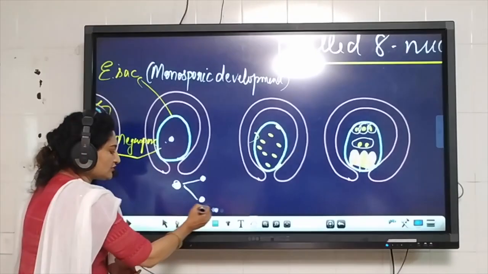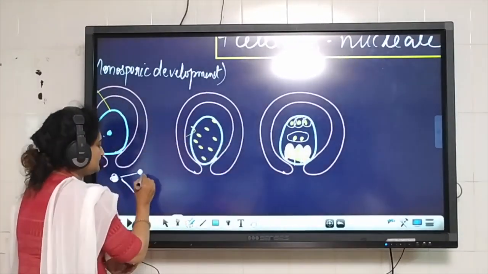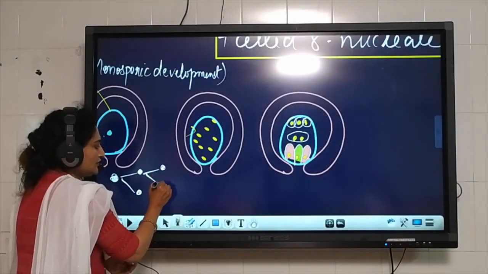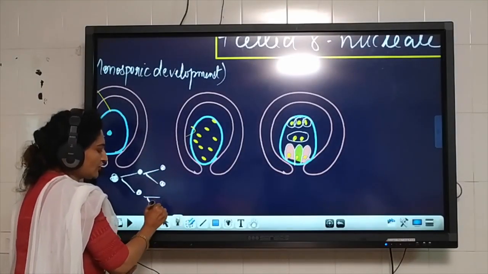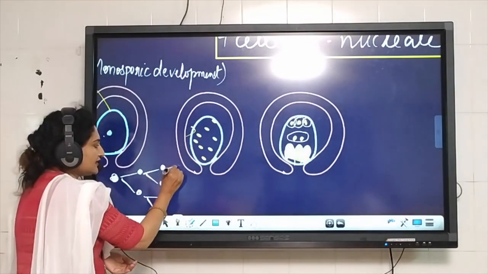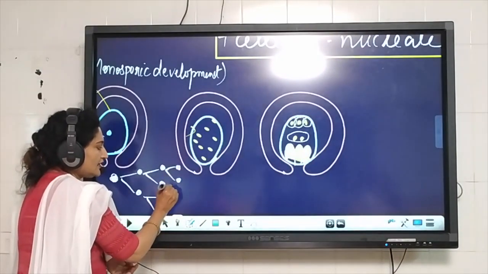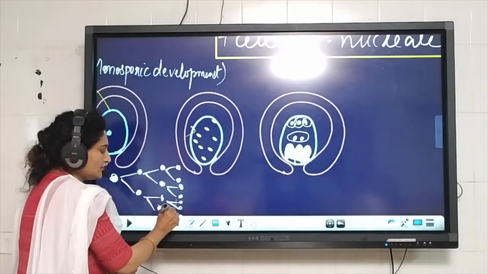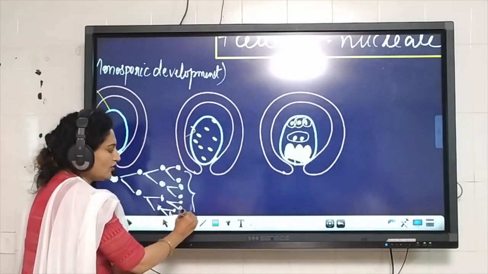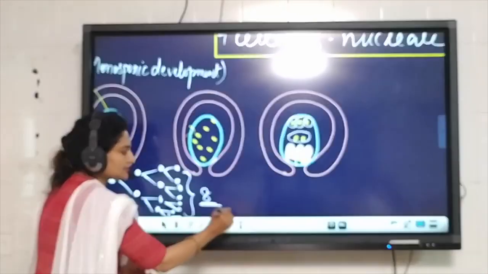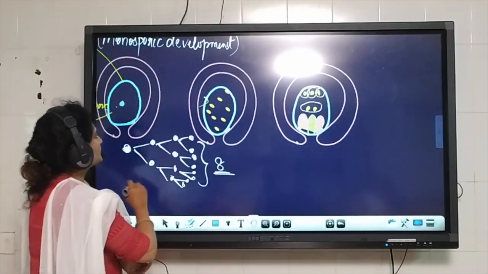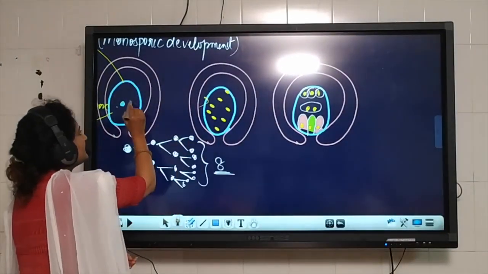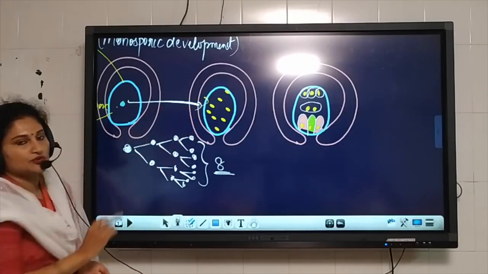Then second mitotic division, again 2 daughter cells are produced. And third mitotic division, each of them produces 2 cells. So totally how many cells are produced? 8. So this is how this single nucleus becomes 8 nucleated.